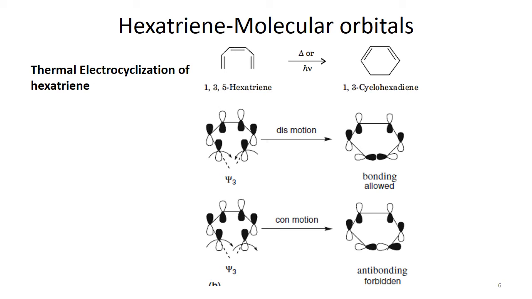We can also use symmetry operations. We can also use the aromaticity concept to check whether a particular reaction is allowed or forbidden. So in this case, first of all, we are going to see how the molecular orbital approach explains whether this reaction is allowed or not. Next, we are going to see whether symmetry allows these kinds of transformations or not.